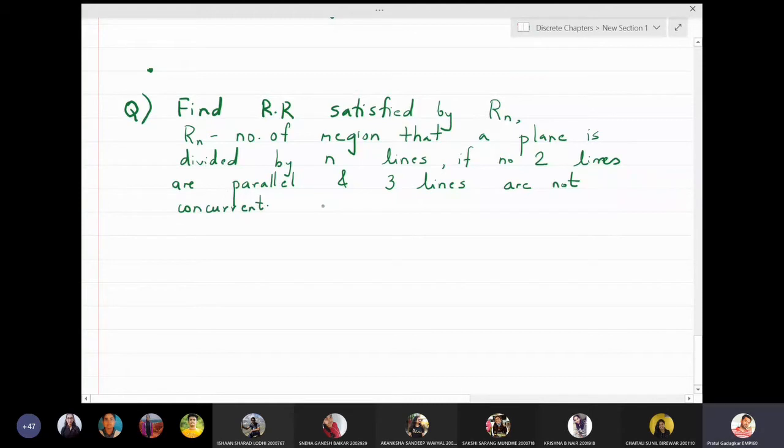Find the number of regions if 13 lines are drawn.